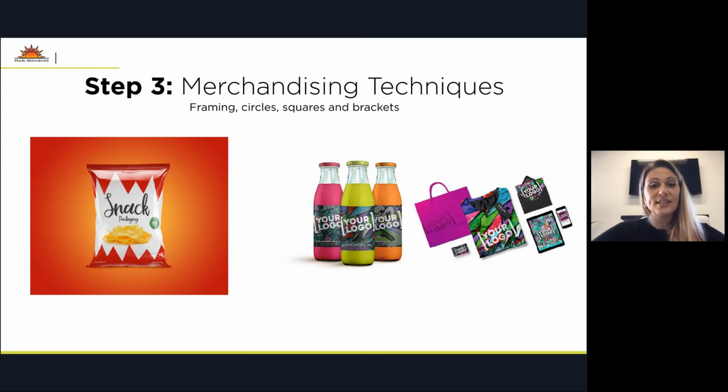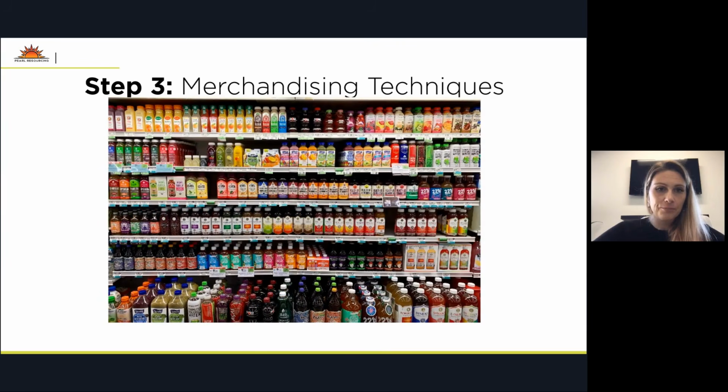Other merchandising techniques that work is something called framing with circles, squares, brackets, where you're using color or shapes to draw attention to a person's product. And you probably saw this back here, how a lot of these products have circles, frames of these colors. Like if you don't really know what these brands are, it's not close enough to your face to be able to see it, but you can tell which brands really stand out because of the way that they're using this color.